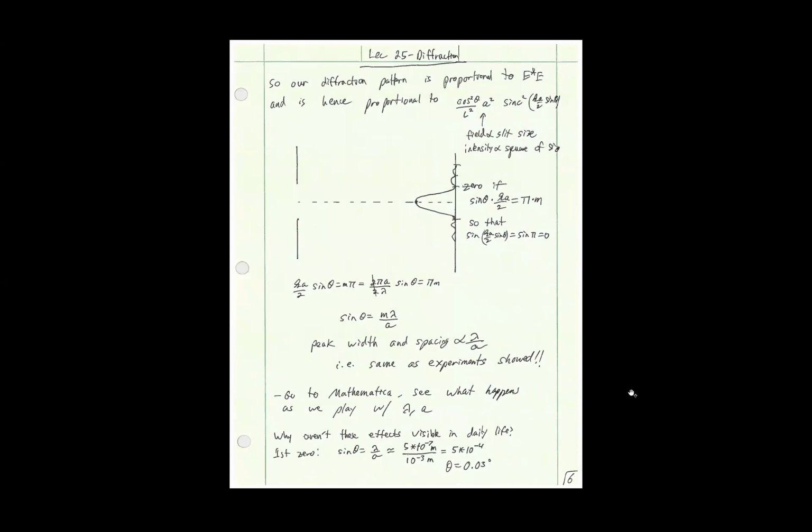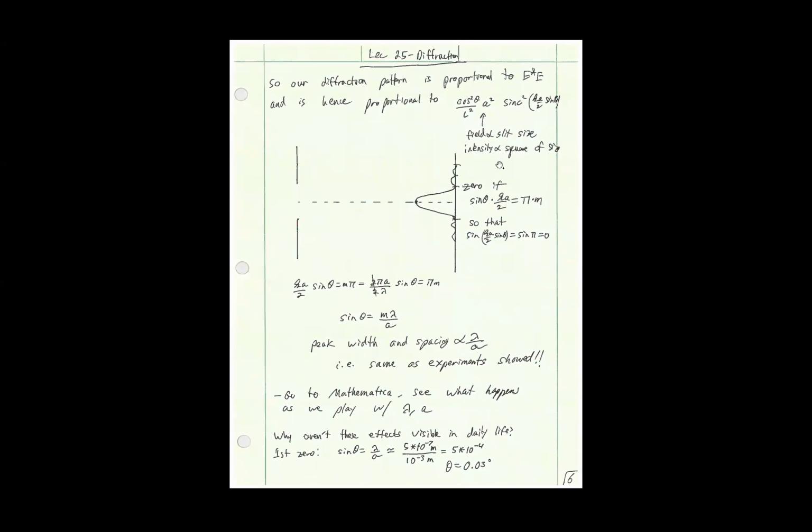I'm not sure how you knew that was the first zero. Well, I'm trying to figure out when the sine of all this mess divided by all this mess equals 0.